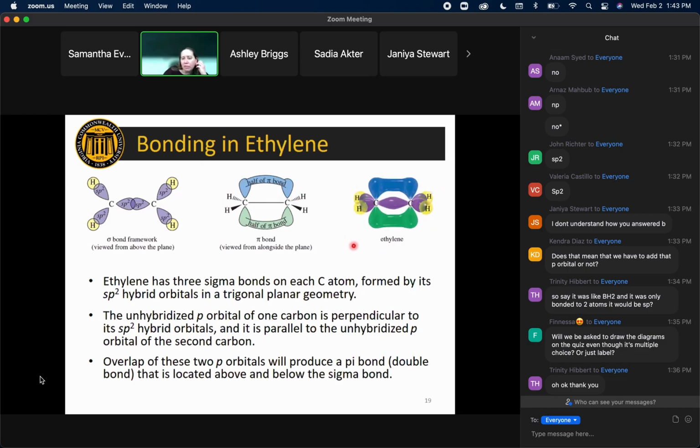Over here on the far right, we've got the balloon version of the same thing, where the purple and yellow orbitals represent the sigma bond framework, all perpendicular to the screen right now, and the blue and the green represent the halves of the pi bonds above and below the plane created by that sigma bond network.